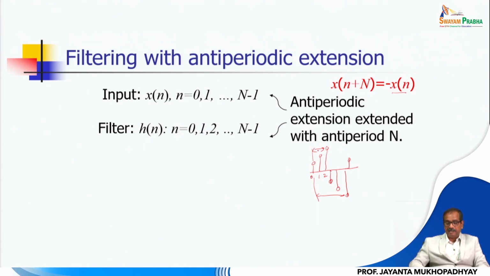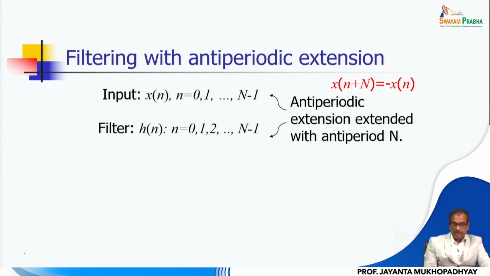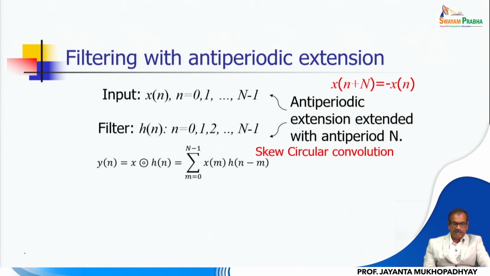The period here is twice N, and the length of the antiperiod is N. So let me now express the convolution, and this situation we call skew circular convolution, and let me denote it with this symbol here.